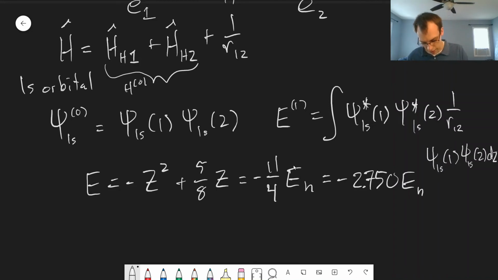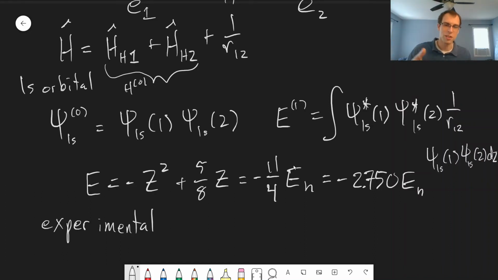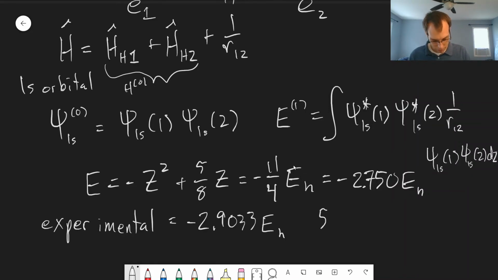Now the measured experimental value of the energy of a helium 1s orbital, and we can find this by ionizing the helium. You take off one of the electrons, that tells you how much energy it had. We set 0 as the electrons free from the nucleus. The experimental value is negative 2.9033 Hartrees. So we get something that's about a 5% error, which for this simple sort of approximation isn't too bad, but we need to do better than that.